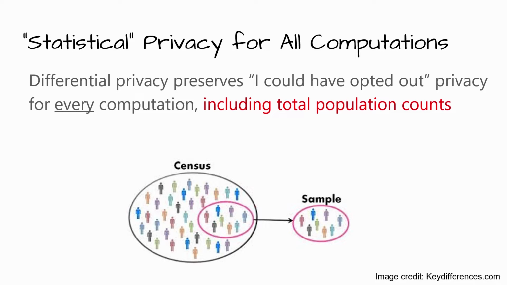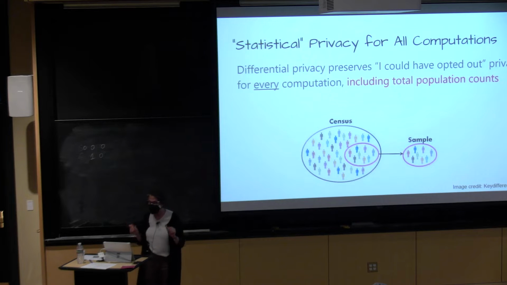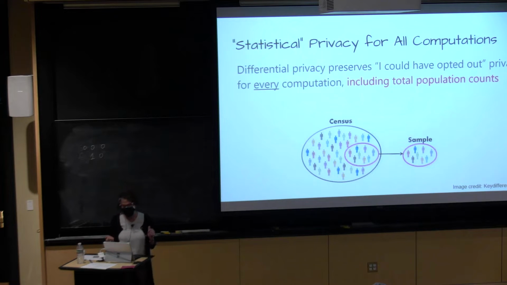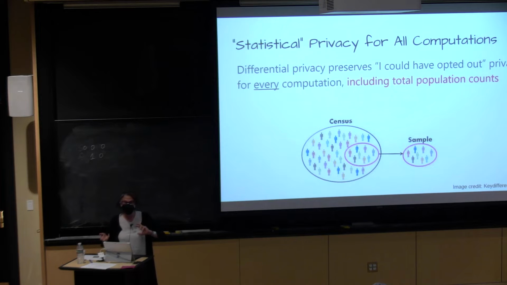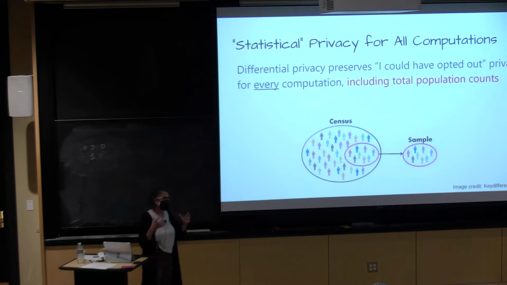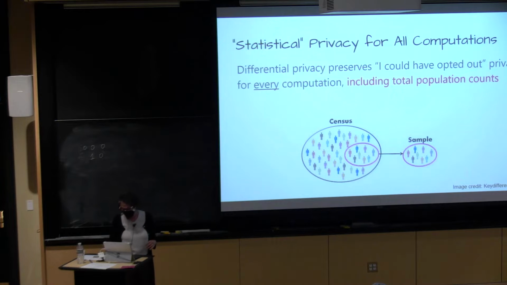In fact, differential privacy will maintain the I could have opted out semantics, even if we're looking at a total population count. So the same semantics of I could have opted out, even though we know that it's supposed to be a total population count, meaning we count everybody.